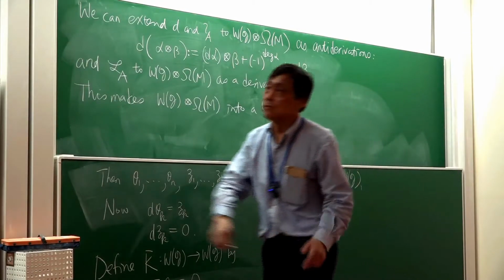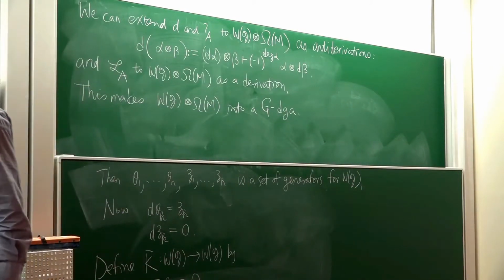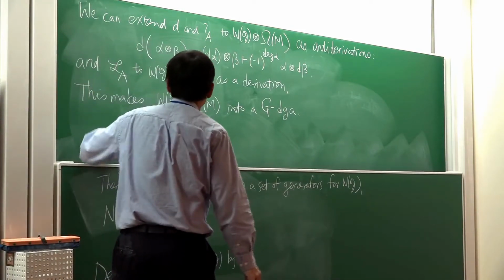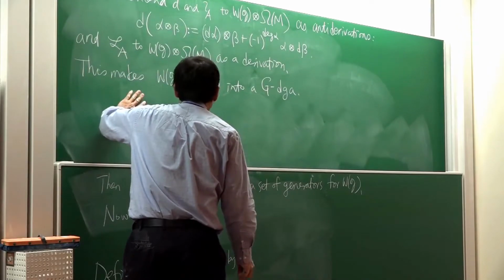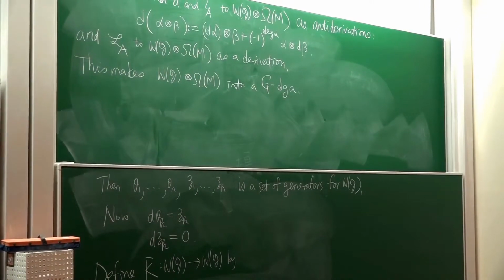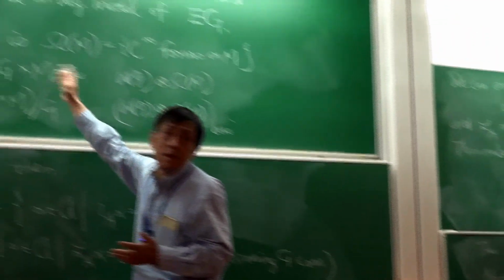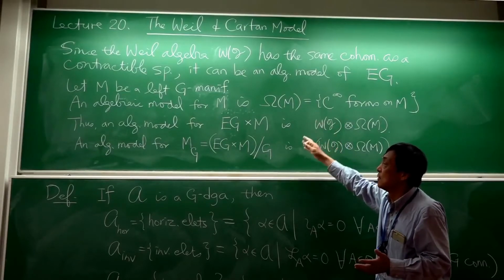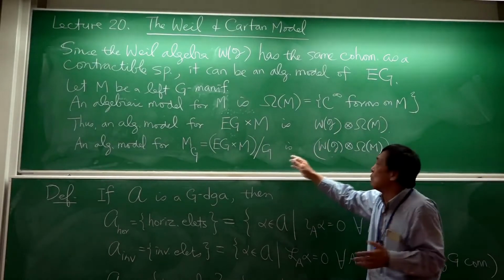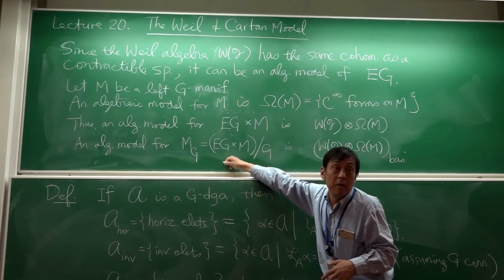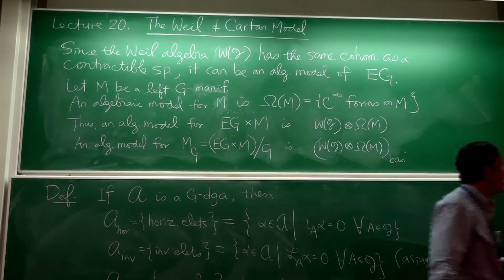And so it makes sense to talk about the basic elements in this tensor product. And, well, this is just heuristics, you know. It's reasonable that this is an algebraic model for the homotopy quotient.